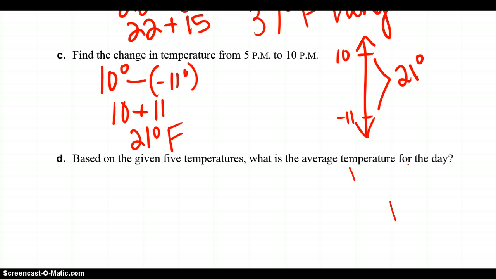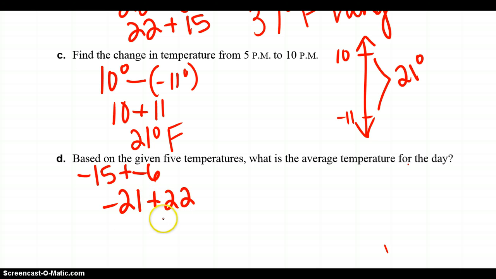And D, it says based on the given 5 temperatures, what is the average temperature for the day? To find the average, I know I need to add up all the numbers. So negative 15 plus negative 6 is negative 21. Then I add the temperature at 1 p.m., which is 22 degrees. So negative 21 plus 22 is 1. Then I add the temperature at 5 p.m., which was 10 degrees, which gives me 11.